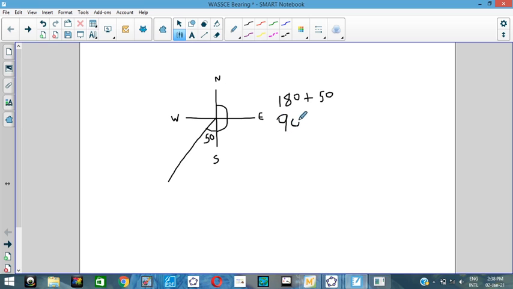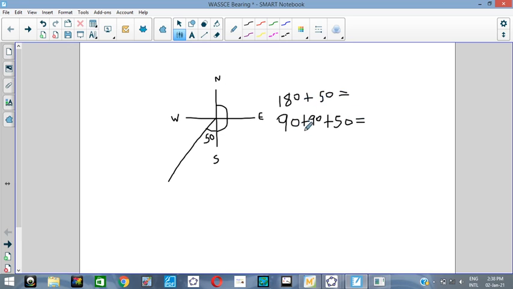Or you say 90, which is the first region, 90 plus another 90, the second region, plus 50. So this is the true bearing before you start moving to where you are going. So we say plus 50. These two will give us the same answer. Whichever you wish to use, you will get the same thing.